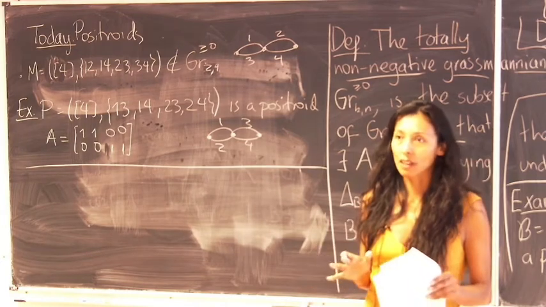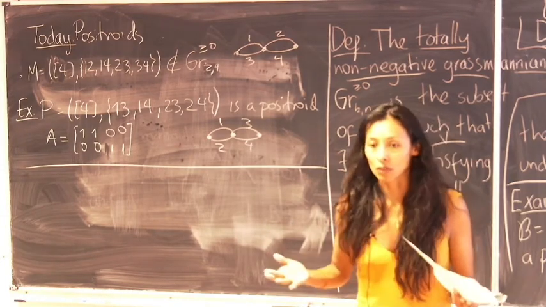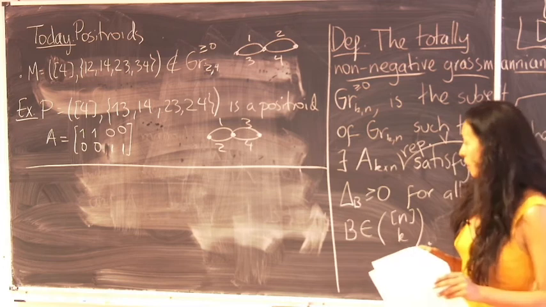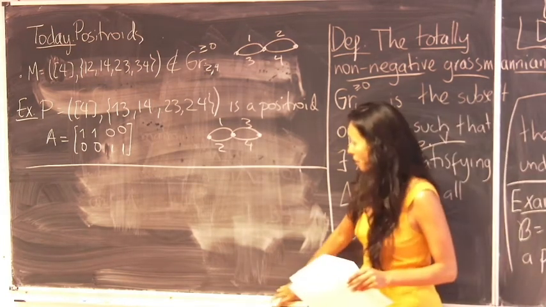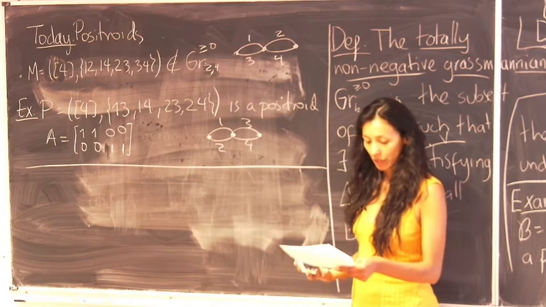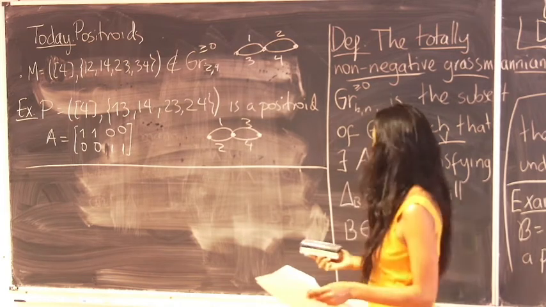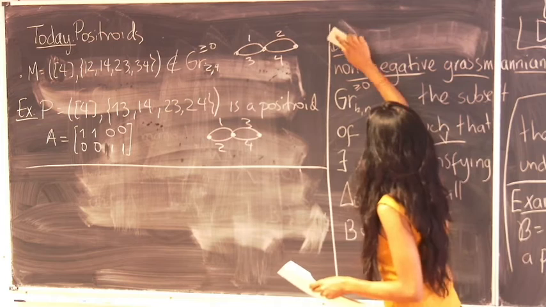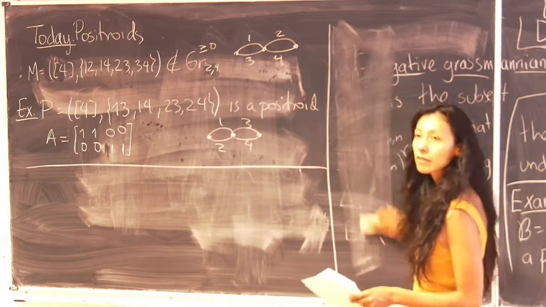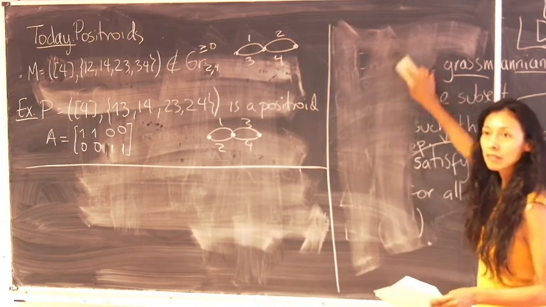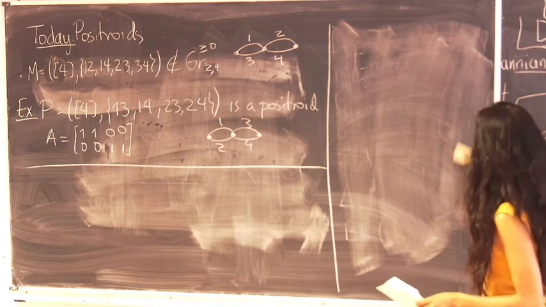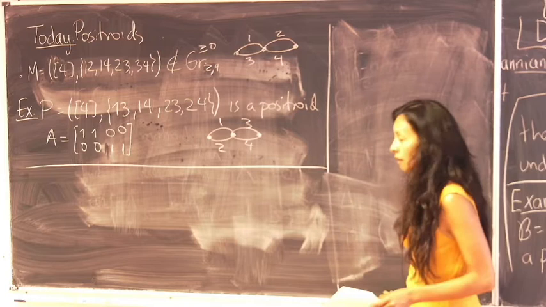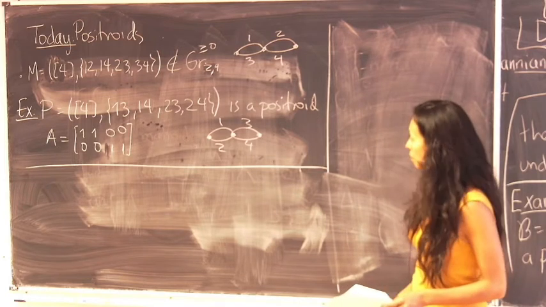So right now I just want to give you the combinatorics without that much context, but I will do so in the next half of the lecture. So any question, comment? All good?